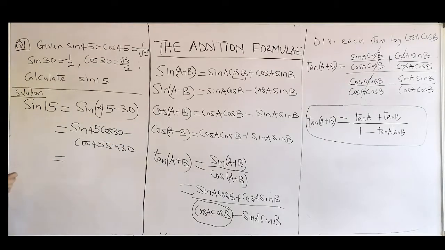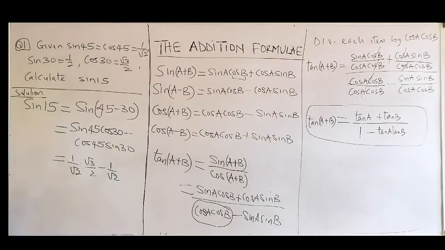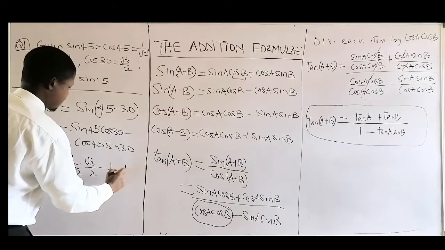Sine 45 is 1 over root 2, cos 30 is root 3 over 2, then minus cos 45 is 1 over root 2, then sine 30 is half.